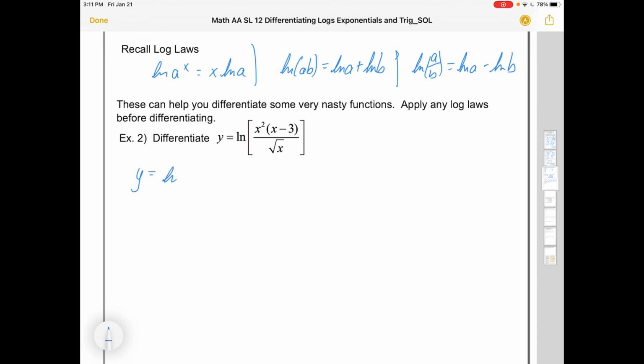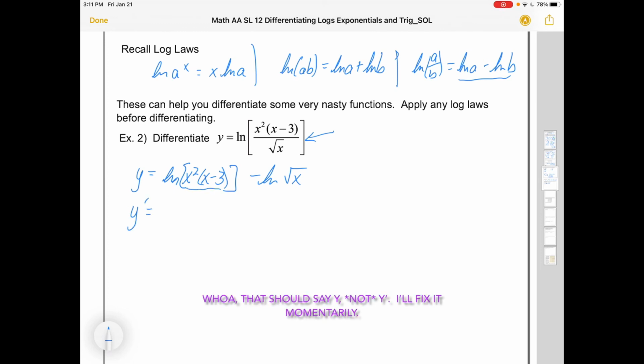So what sticks out to me the most in this is that there's a big old fraction. So I will split it apart using this kind of log law first. So it's ln of that whole top minus ln of the bottom. And then I might notice that in this part here, there's multiplication.